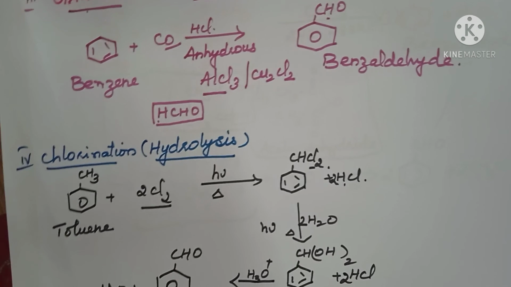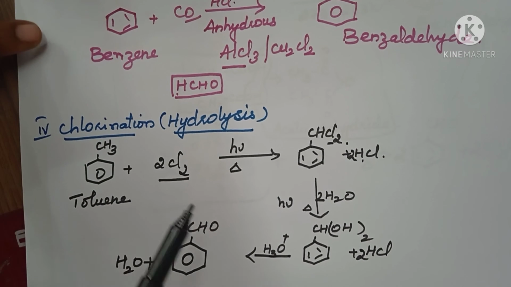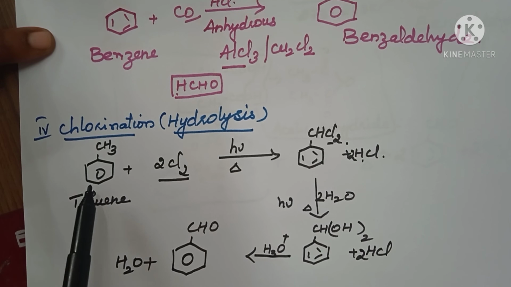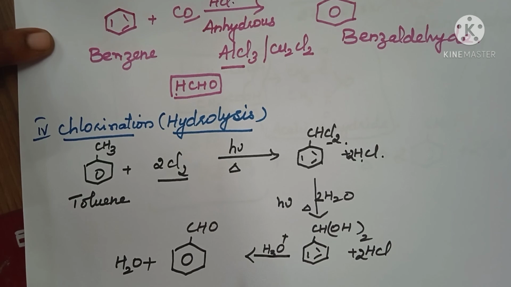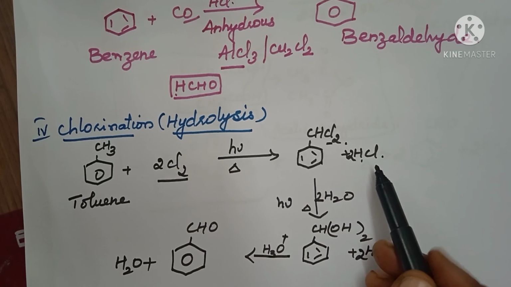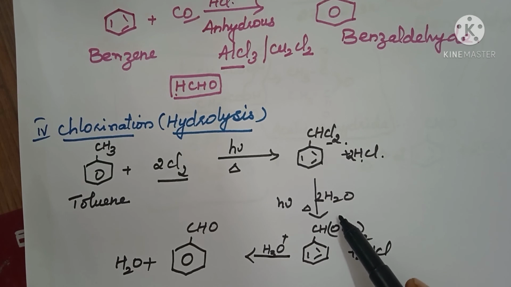Okay students, this chlorination compound is the easiest one, and it is very, very important. This toluene compound reacts with chlorine in the presence of diffused sunlight, and you get a chlorine complex of the benzene compound. Then again it starts with hydrolysis.